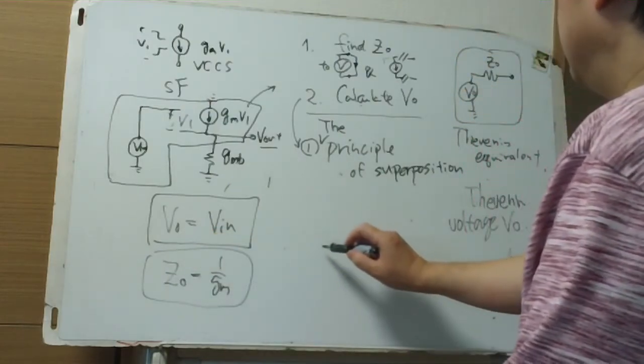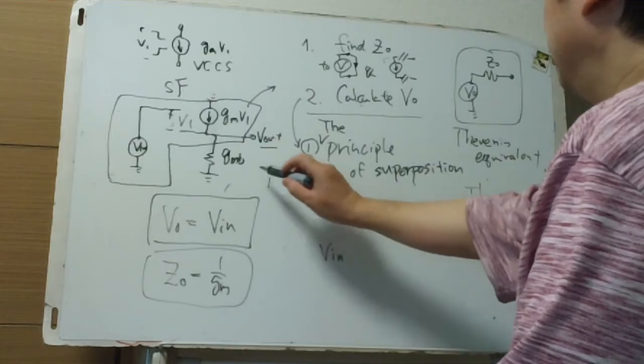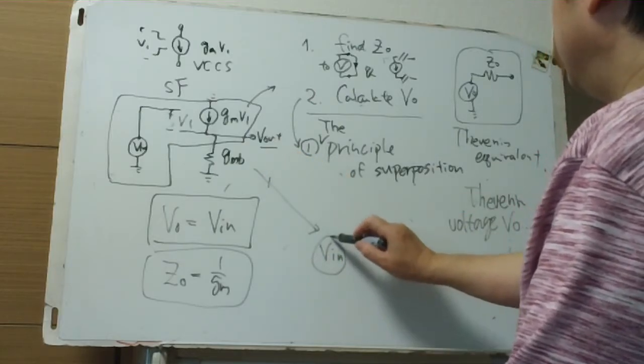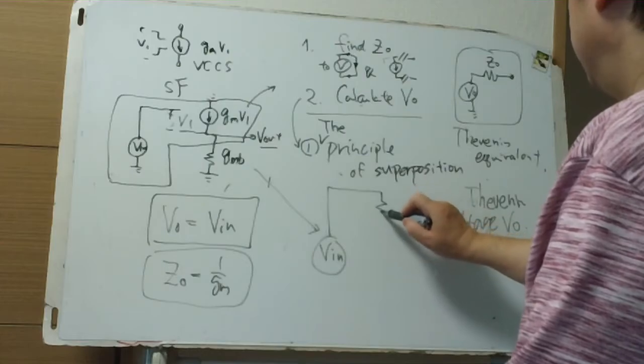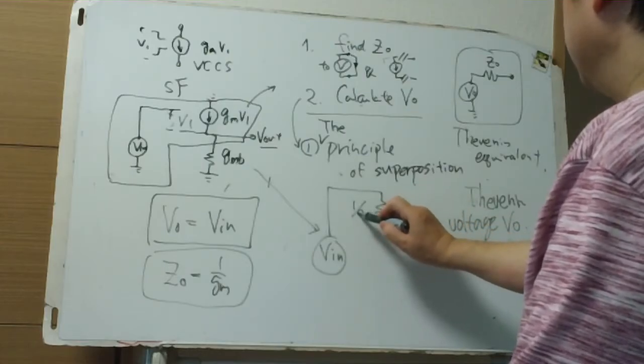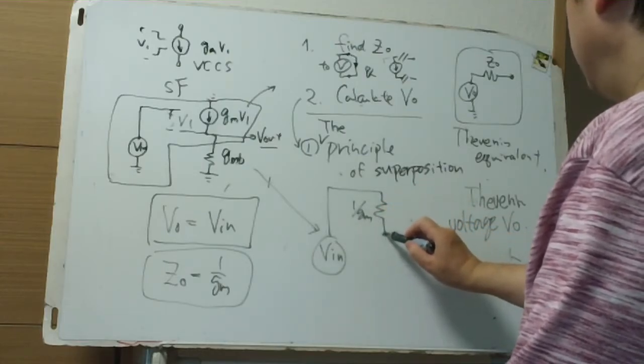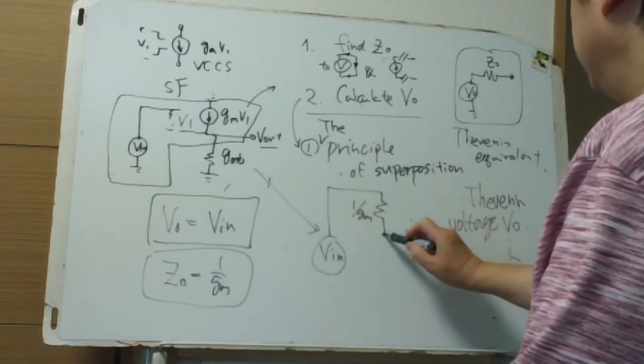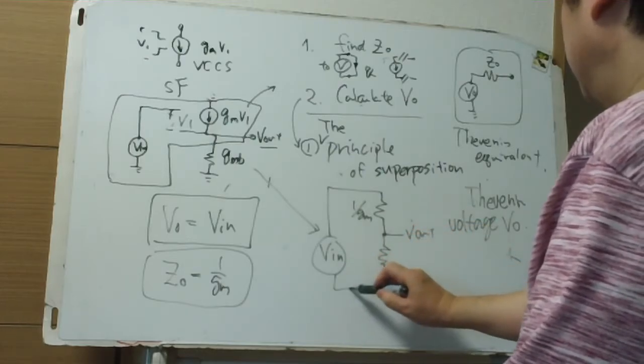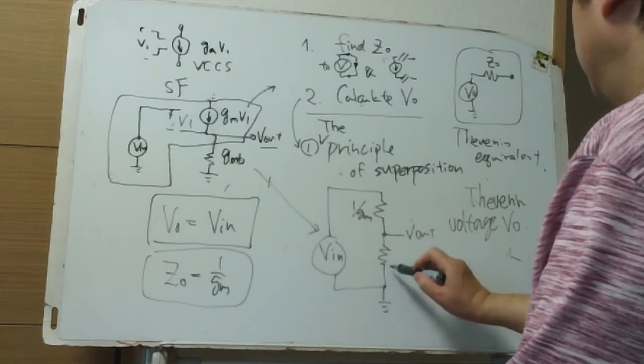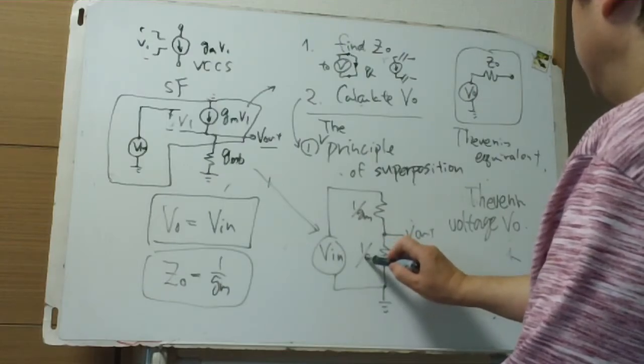And we found this equivalence finally, just 1 over GM and 1 over GMB.